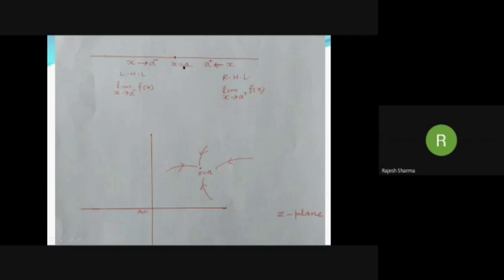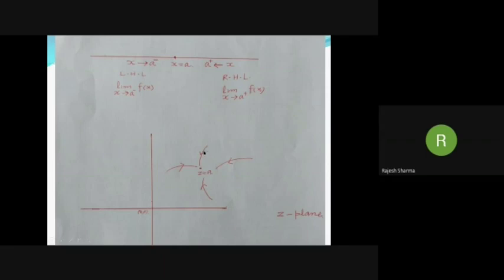And when x approaches A from right, we have this right hand limit, limit x approaches A plus f(x). If both these limits exist, that is, the left hand limit and right hand limit exist and are equal, we say that the limit exists.